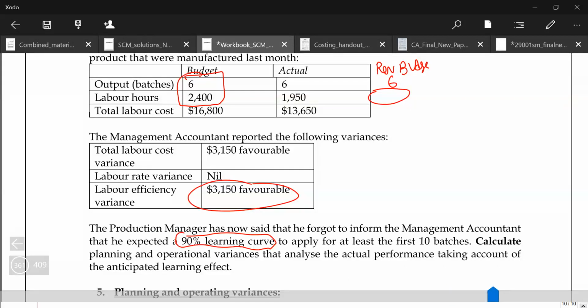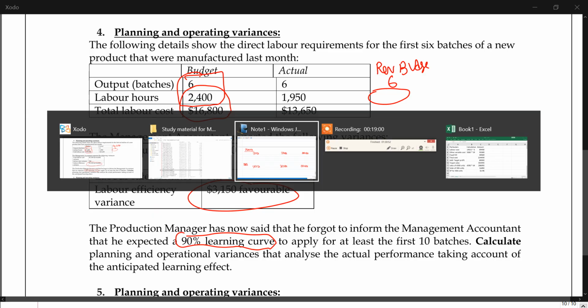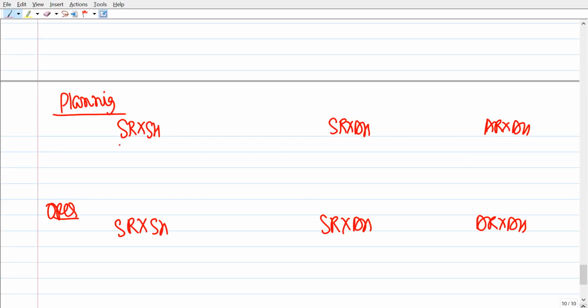Okay, the original part of the question had said that we will take 16,800 for 2,400 hours, which is 7 per hour. When you are doing planning variance, don't even look into the actual data, because if you look, your starting stage of confusion will happen. 7 is the SR. Anywhere in the question, if they have not said that the rate has to be changed, then it continues to be 7.